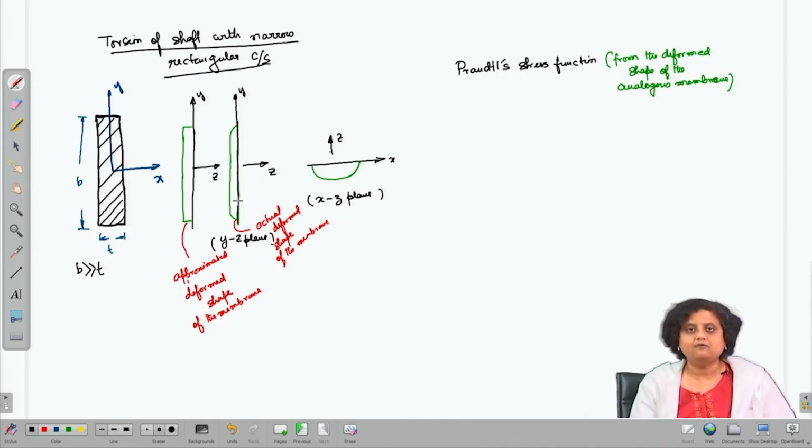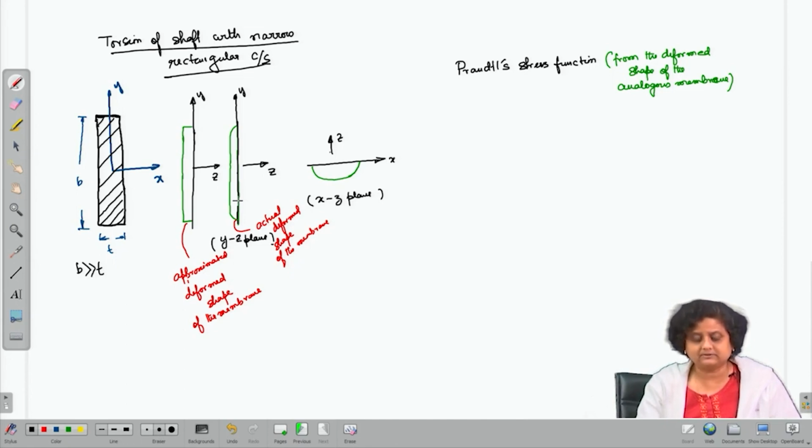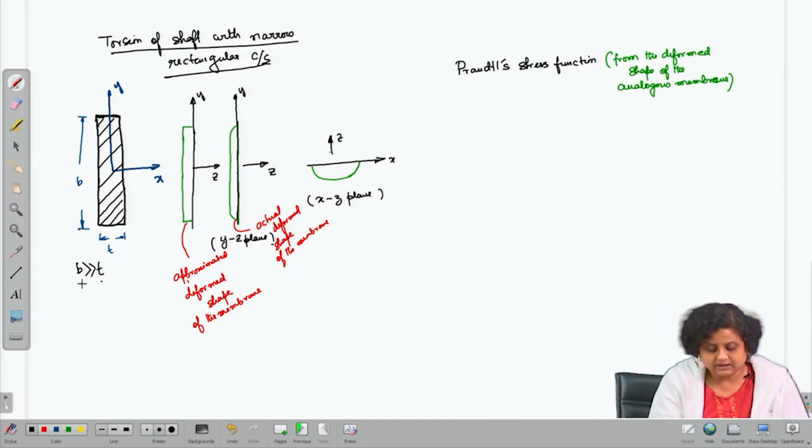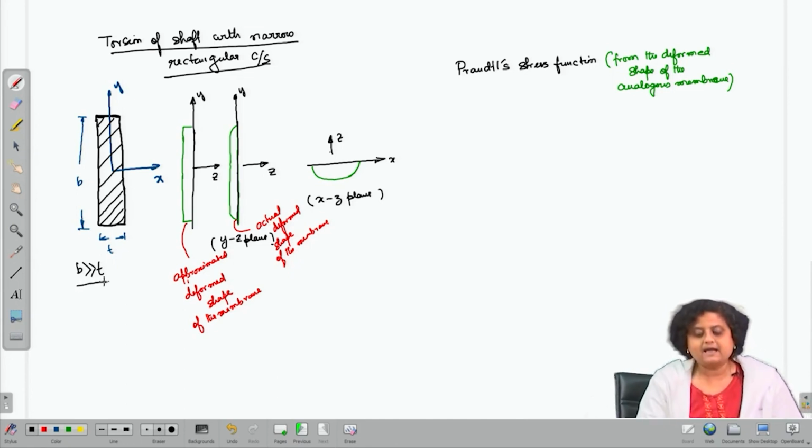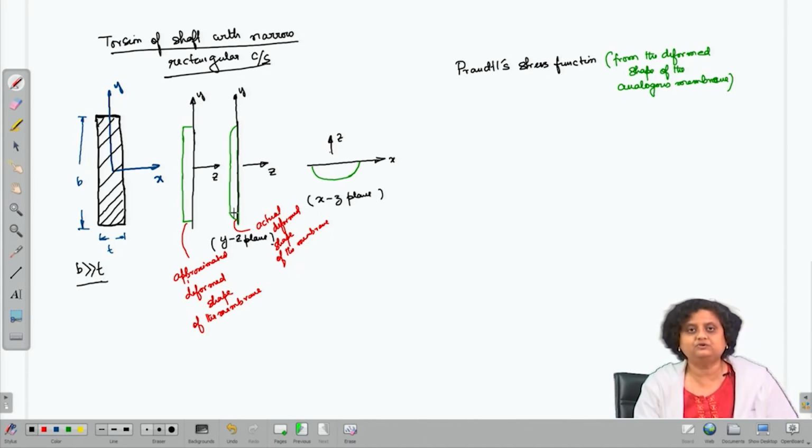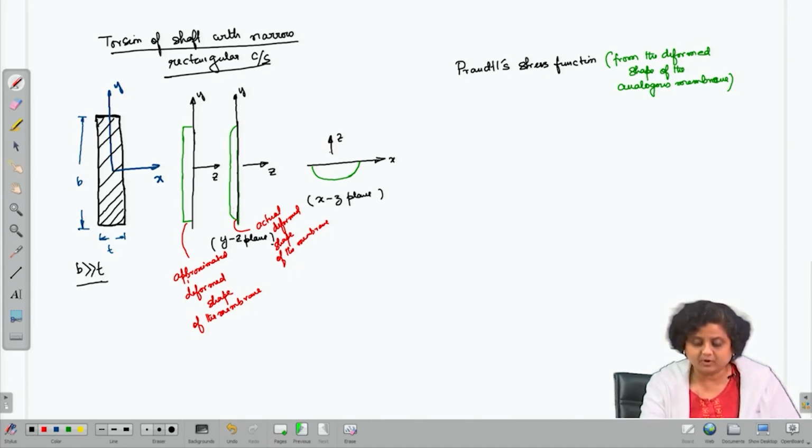It is flat for most of the region, and at the last end part it is parabolic. Since this is a narrow cross section, since B is much larger than T, I have approximated this shape by this shape.